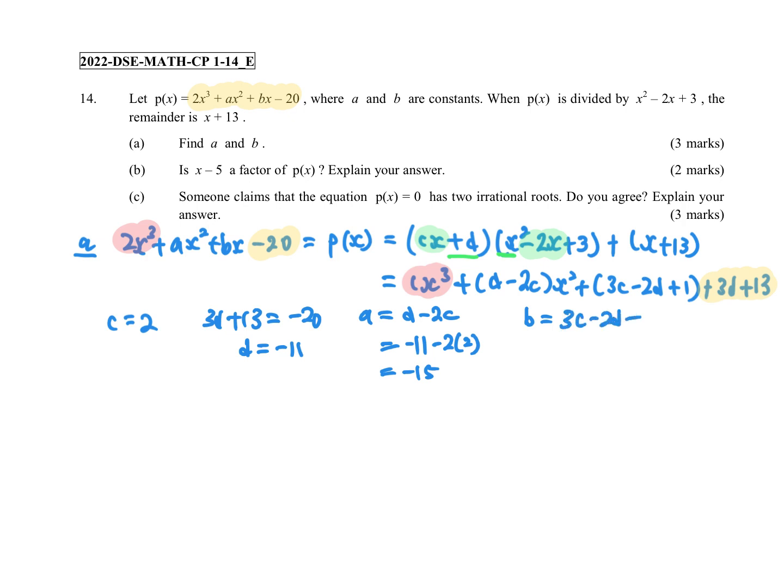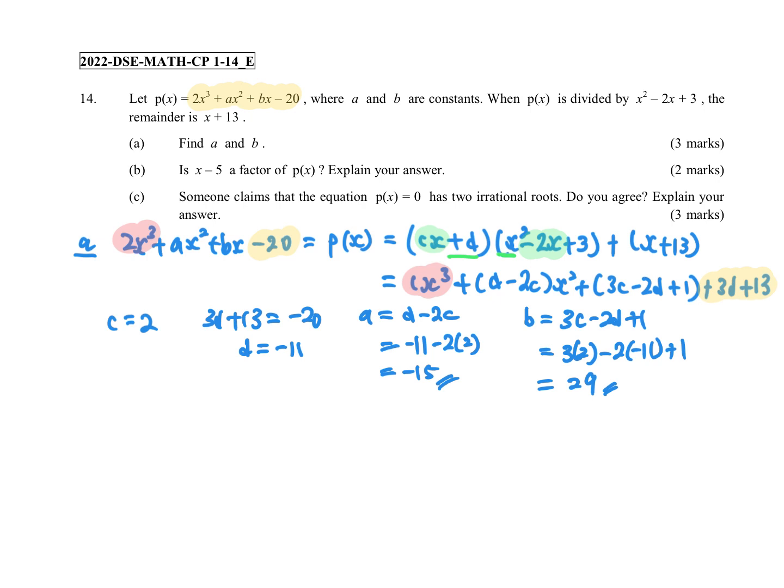With the substitution, 3 times 2 minus 2 times negative 11, and then plus 1. So 6 plus 22 plus 1, that will be 29. In part A, we were asked to find a and b. Done.